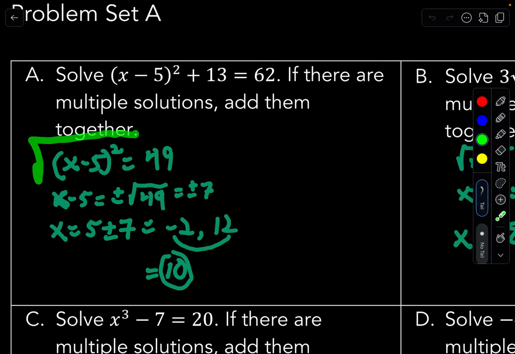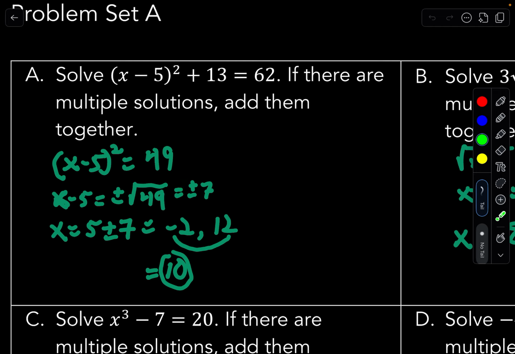These two would cancel out and it leaves you with x minus 5. But because it's an even power, it's squared, you get 2 possible solutions. You get a positive square root of 49 and a negative square root of 49, which gives us a solution of plus or minus 7.